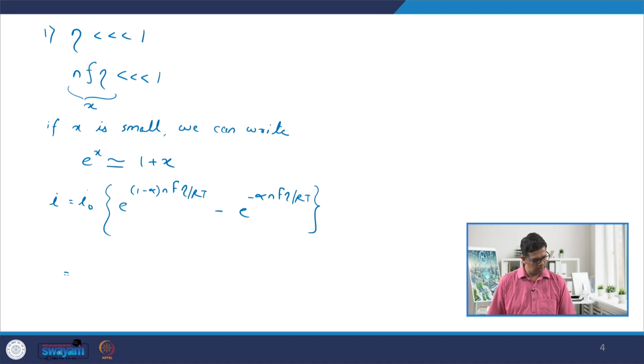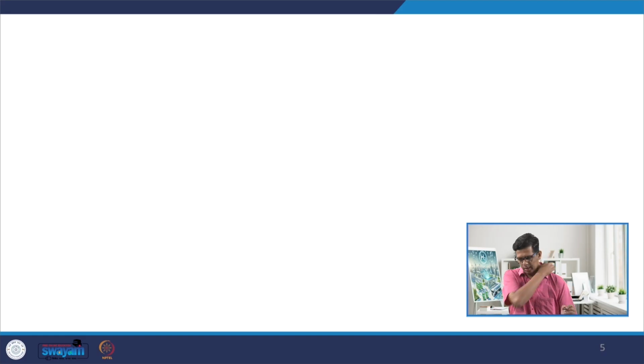So it will be 1 plus (1 minus alpha) n F eta by RT minus [1 plus (minus alpha) n F eta by RT].